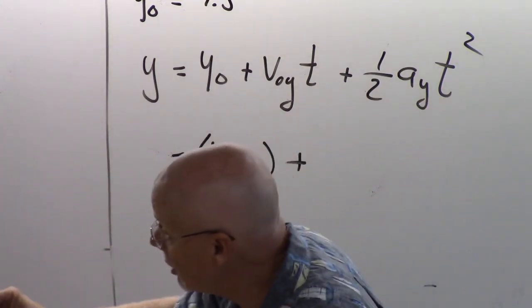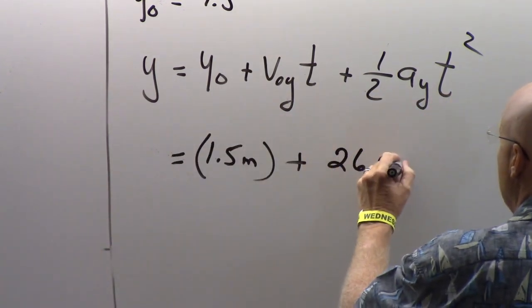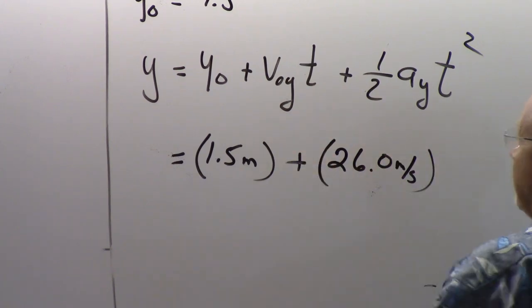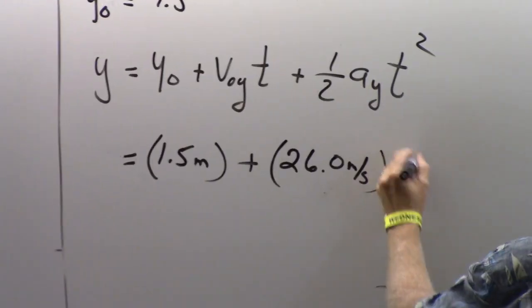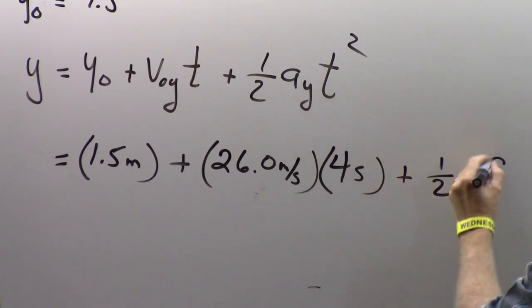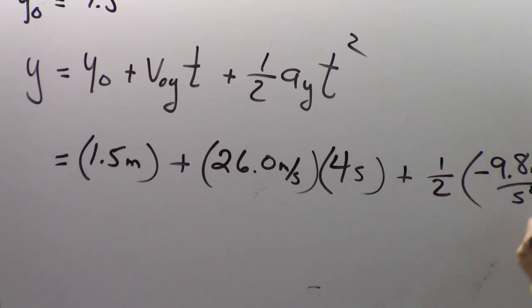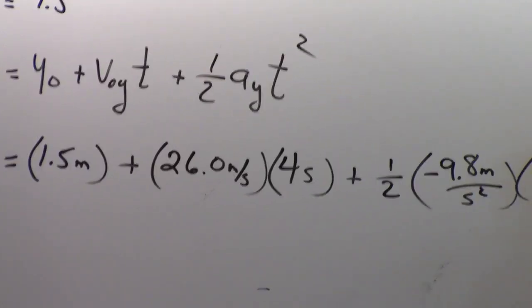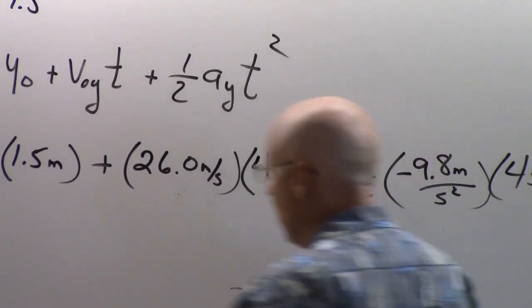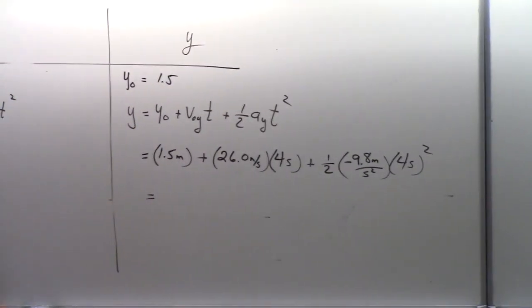Then the vertical speed is 26.0. In this case, the time is 4 seconds. And I'll ask it again, what's the acceleration in the y direction? Yeah, negative 9.8. So this is a constant acceleration problem.